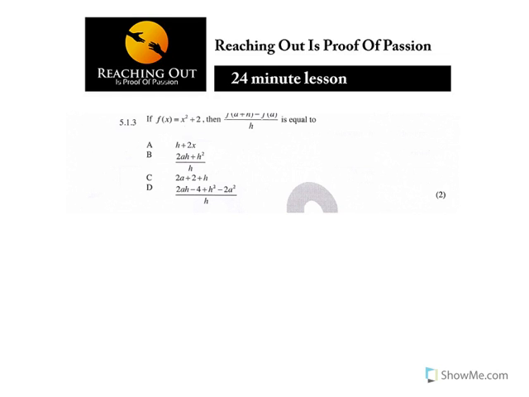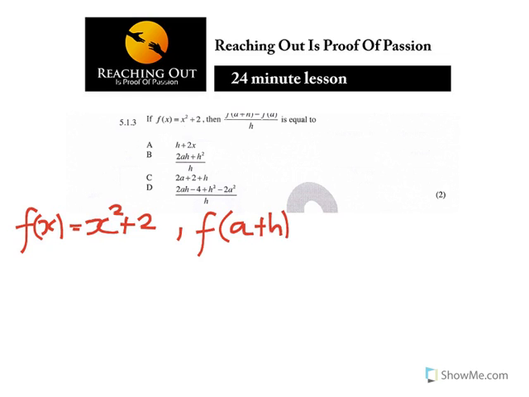They're saying if f of x is equal to x squared plus 2, then f of a plus h minus f of a is equal to what? There is over h there.